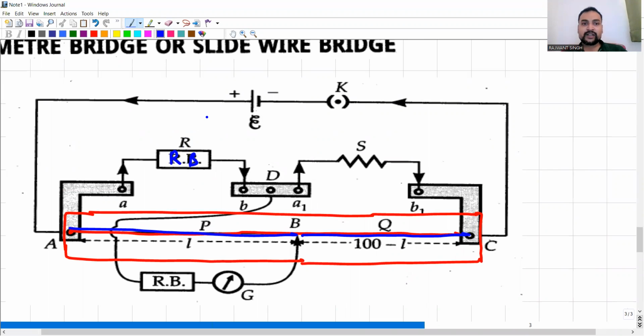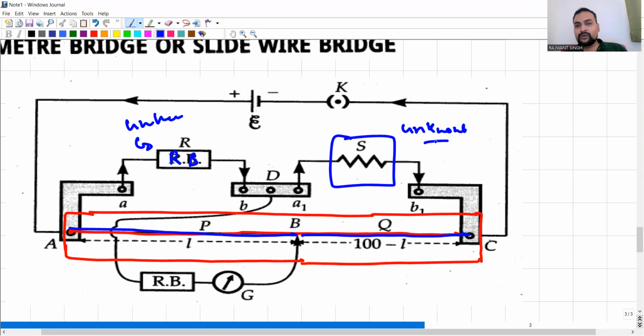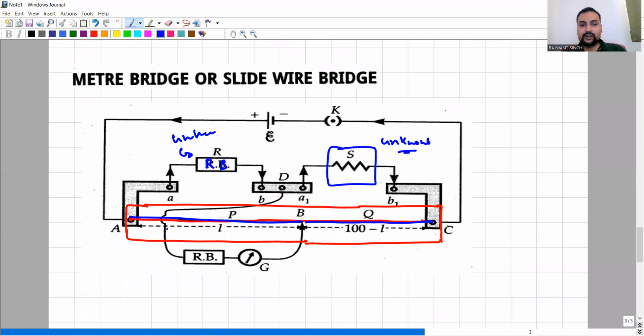This is something known to you, because whatever value you put there, you know this value. Now let's say this resistance S is unknown. You don't know the value of S, and this is your meter bridge.